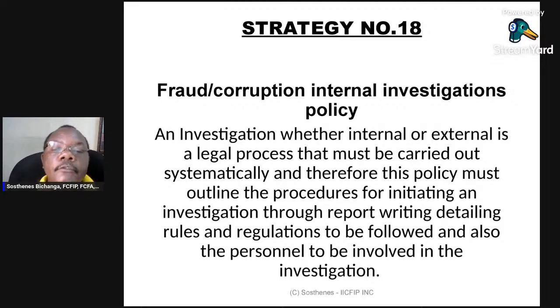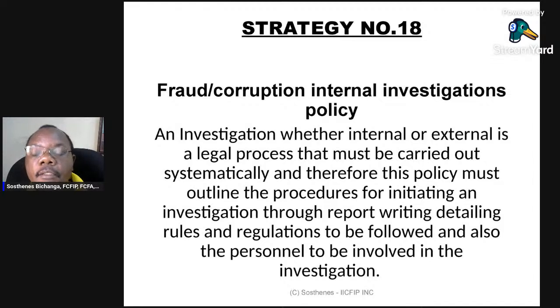Number 8, staff cooperation. This policy must require all employees before investigation to report suspicions of wrongdoing, during investigation by supplying information, and after investigation by implementing any recommendations as a result of the investigation.